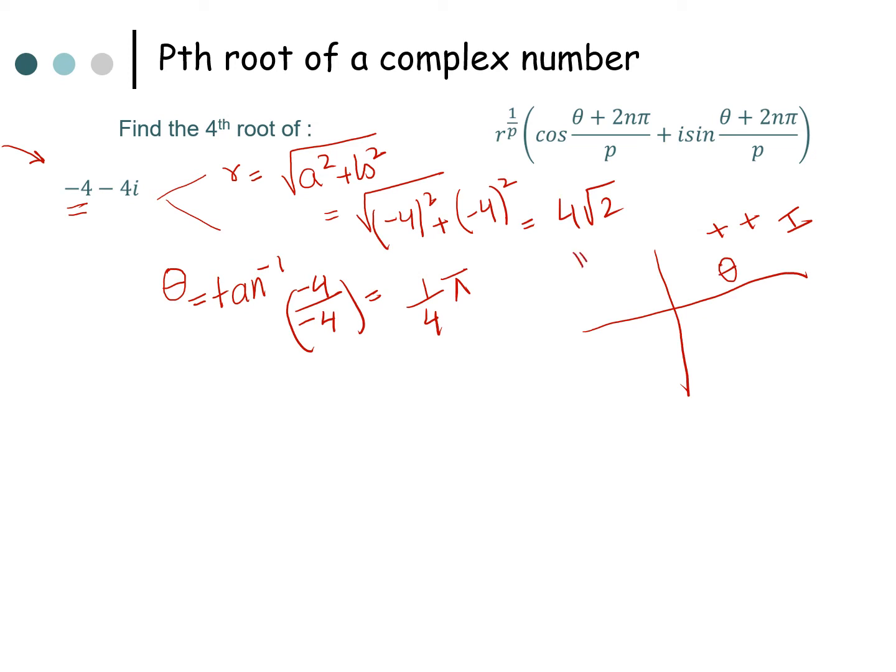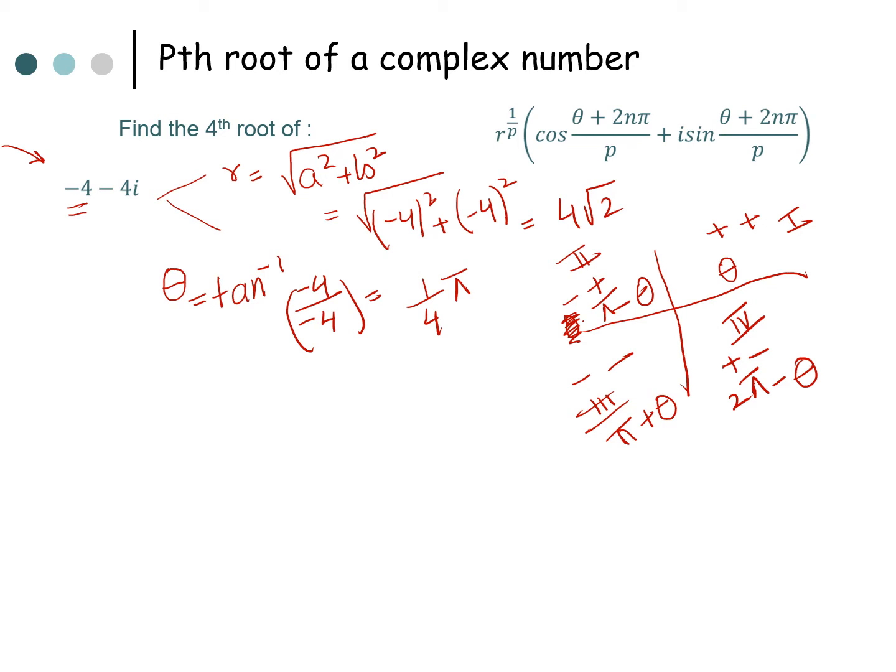If x is negative and y is positive, it is the second quadrant, and you use the formula pi minus theta. If x is negative and y is negative, the question lies in the third quadrant, and we use the formula pi plus theta. And in case of the fourth quadrant, x is positive and y is negative, and we use the formula 2 pi minus theta.